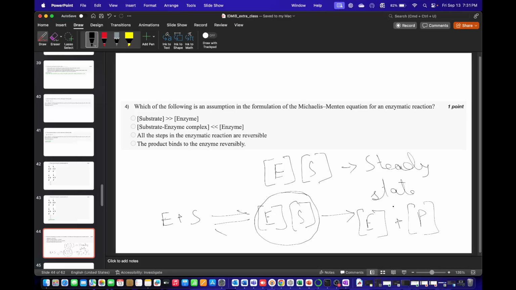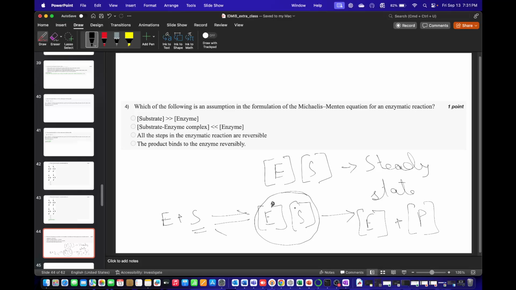This will only be in a steady state where there is a continuous production and breakdown of this complex, because this is getting broken down and this is also getting produced. So if the rate of production and the rate of degradation are equal, then only it will be in a steady state. Now for this to be steady state, the concentration of enzyme won't change, because that is continuous throughout the reaction, but the substrate will get used up.